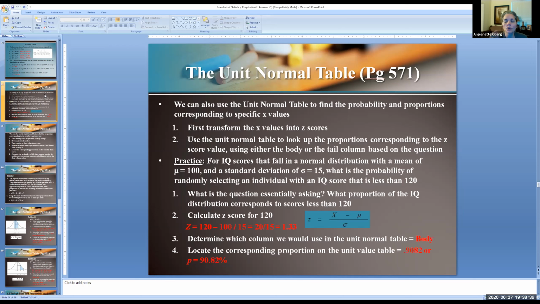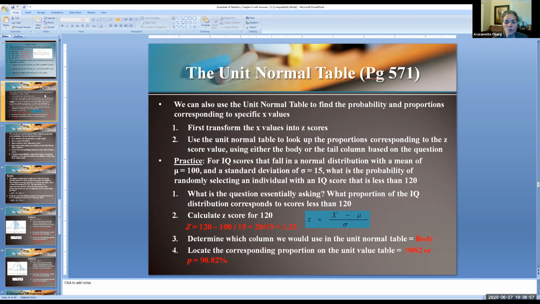So we can actually say what's the probability of getting a certain score within our data set. What we do is we first translate that into a z-score, and then we look up the percentage that corresponds to that z-score, and the percentage that corresponds to the z-score also corresponds to the raw score, okay?